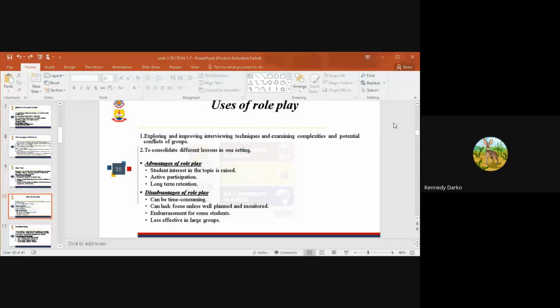What about its disadvantages? We said it can be time consuming. Before you put your people into groups, you are going to give a script, say this, do this, do that. All these things take a lot of time. It can lack focus unless well planned and monitored, so your focus will be lost.